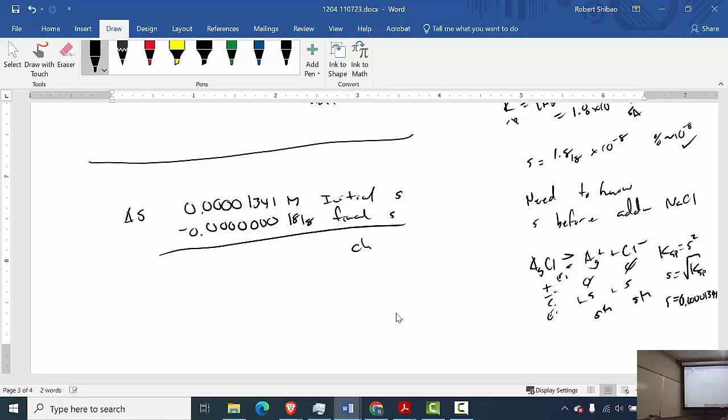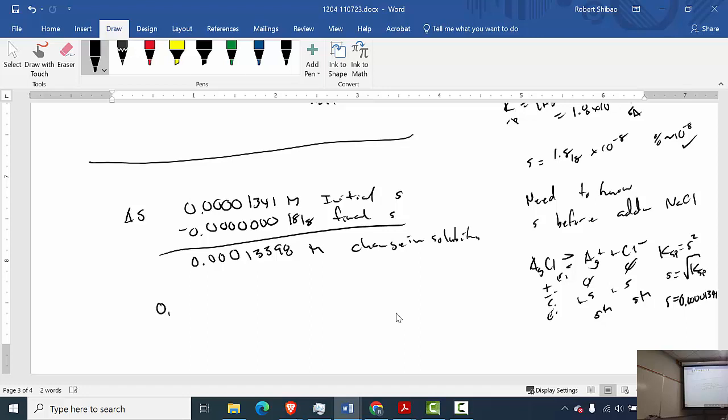And the change in solubility is what I'm calculating here. So let me go ahead and do that. Minus 1.818 times 10 to the minus 8 gives 0.000133398. That should be enough. That's the change in solubility.